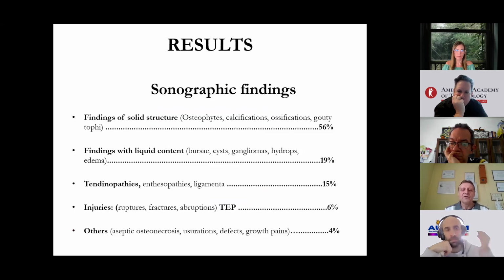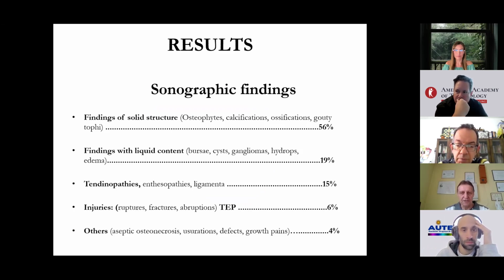Results: 56% of sonographic findings were findings of solid structure: osteophytes, calcifications, ossifications, gouty tophi. 19% were findings with liquid content: bursae, cysts, gangliomas, hydrops, edema, and others. 15% were tendinopathies and enthesopathies. 6% were injuries, such as ruptures, fractures, avulsions, and total endoprosthesis.